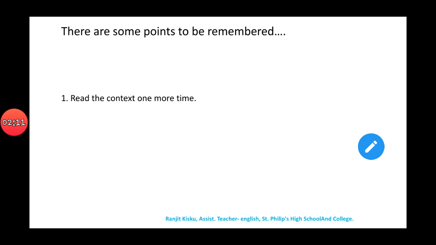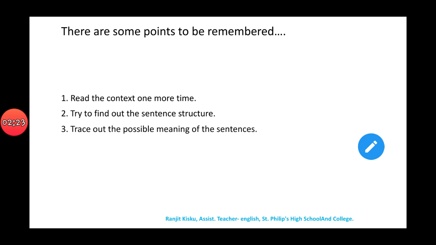So your first work is you must read the context one more time. Then try to find out the sentence structure. Then trace out the possible meaning of the sentences as much as you can. Then follow the word order of the structure.